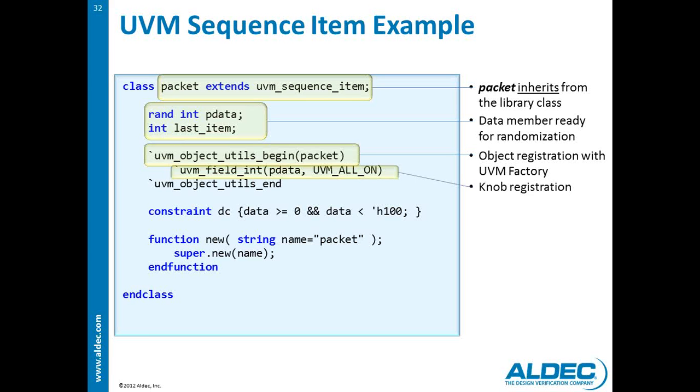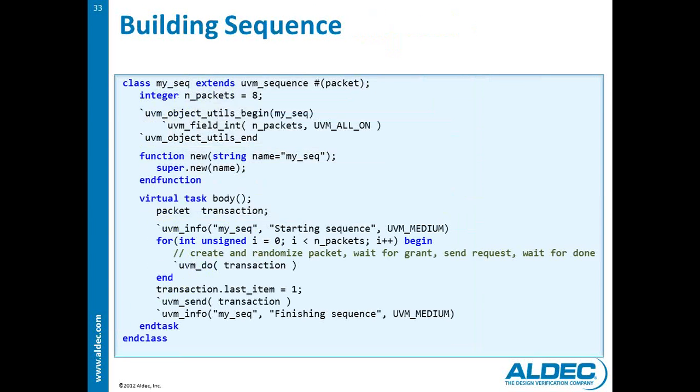So our packet data field can be registered as a knob. Again, if you use any random fields, of course, specifying constraints will be a good idea. This constraint restricts the originally integer field to something that represents just 8-bit data. So that's it, a relatively simple thing.